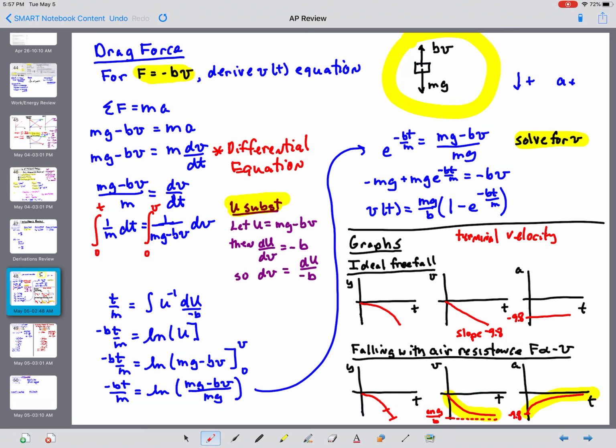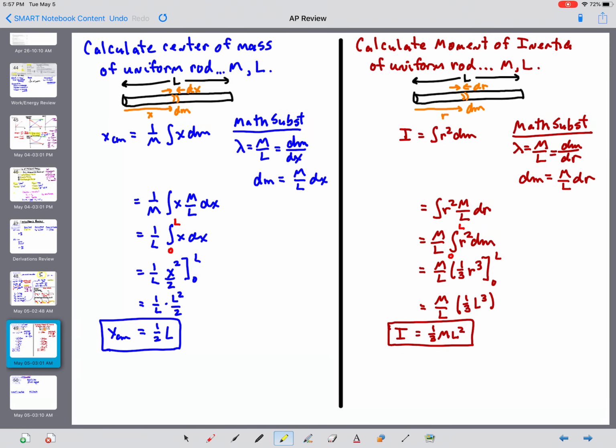And then your y versus t graph, if you're approaching a constant velocity, you're approaching a constant slope. So you start with a curve, changing velocity, and then, as best I could on the graph, showed that approaching a straight line. So that's your basic idea of a drag force and the derivation that goes with it.